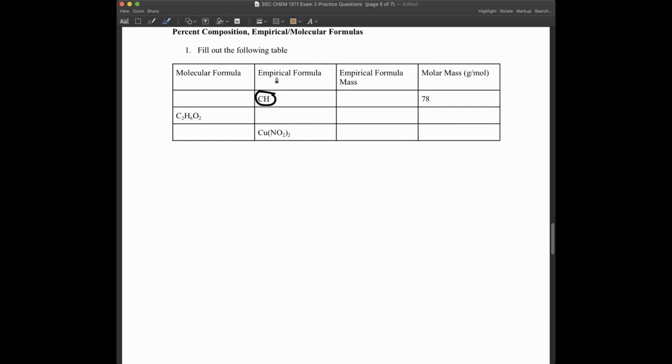When we find the mass of the empirical formula, it's going to give you the empirical formula mass. So for CH, just add them up. Carbon is 12.01, and then H is just 1.01. So what does that give you?